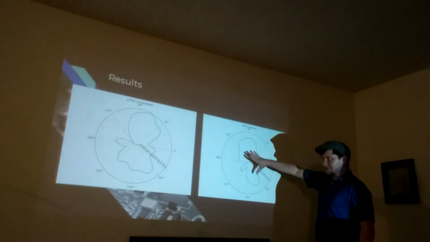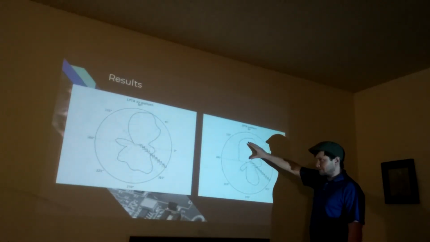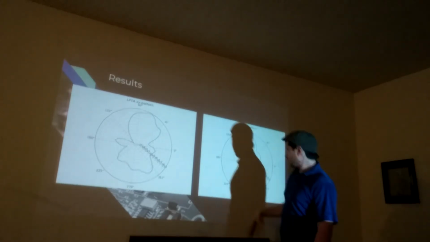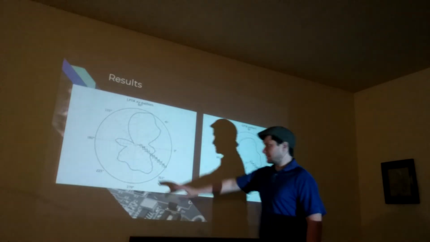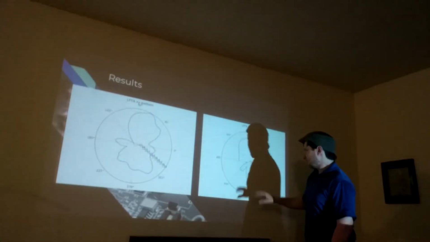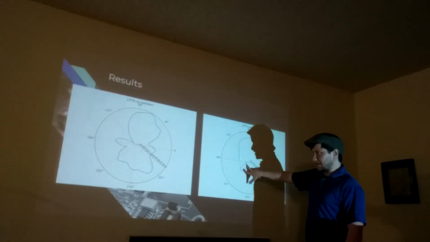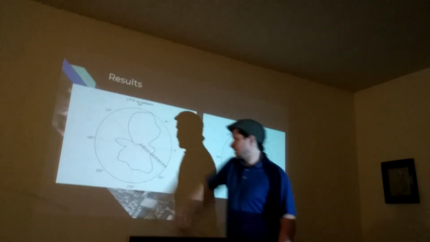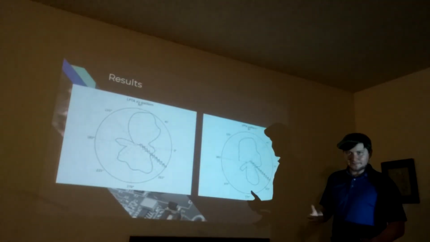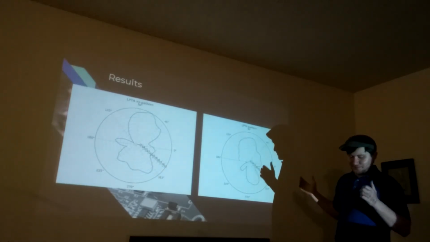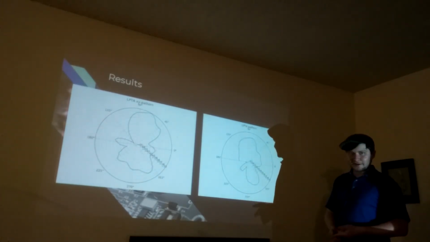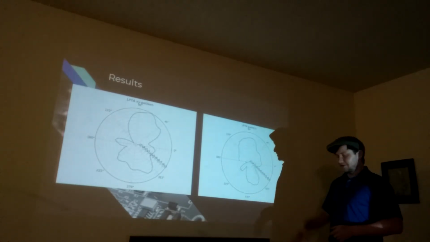And this was with two different orientations, so I'm pretty sure that this lobe and this lobe are the same, this lobe and this lobe are the same, and then it seems like this is a side lobe right here and here.